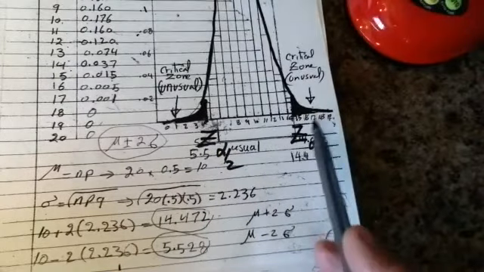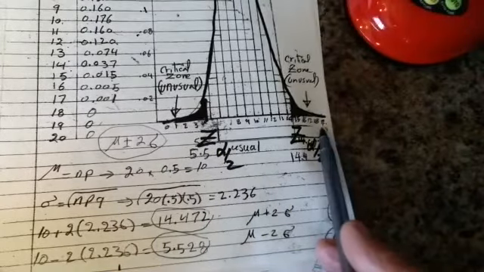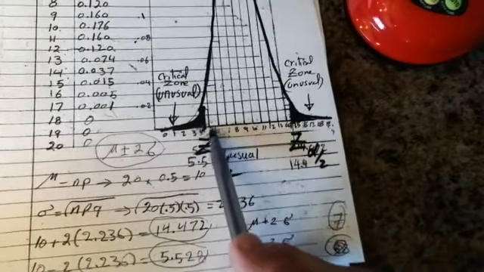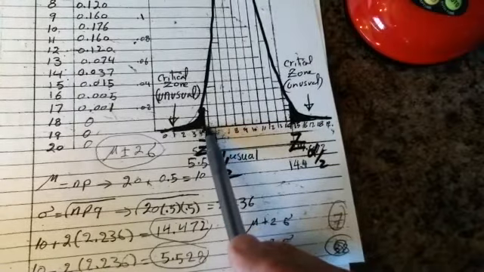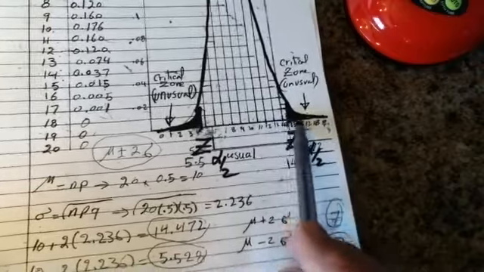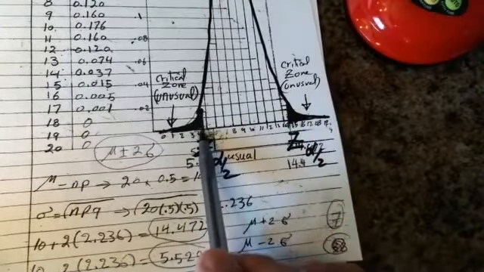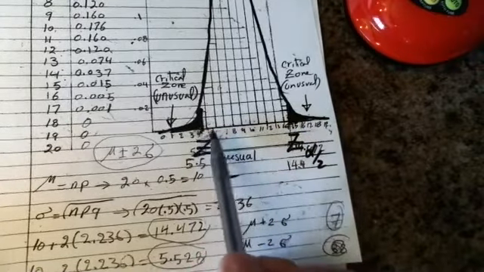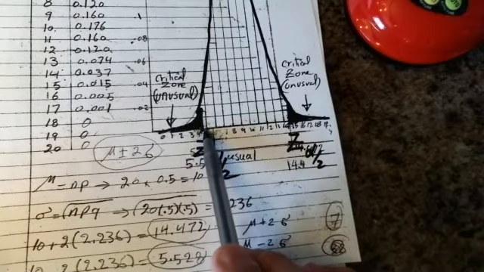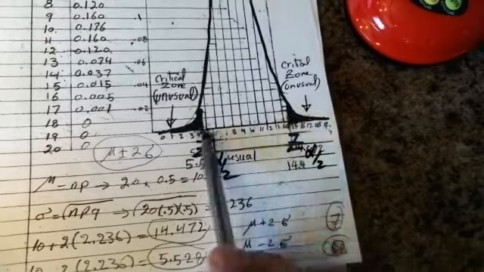So any number greater than 14.4 is unusual. Any number less than 5 is unusual. So if you ask what's the probability of 4 out of 20 being girls, you say it's unusual because it falls here. So these are the critical zones. All the probabilities that fall between these two are okay, they're usual.